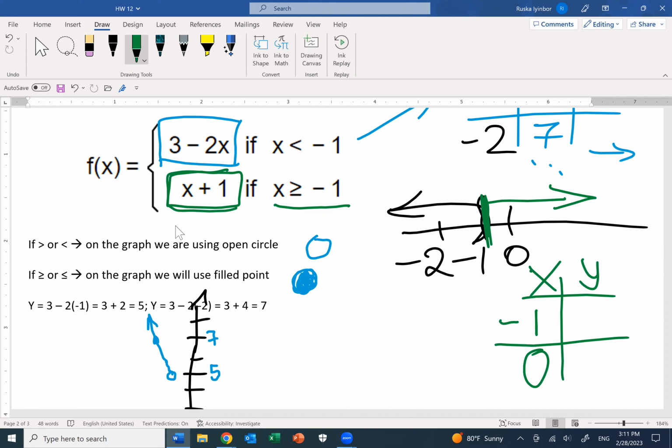Now, at negative 1, I have greater or equal. That means the first point is going to be a filled circle, a point on the graph, filled like this.